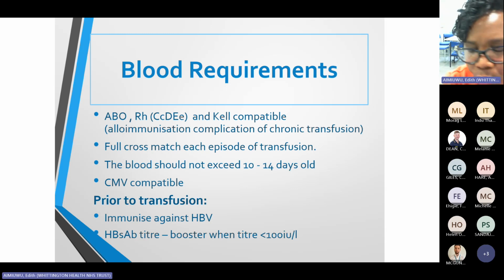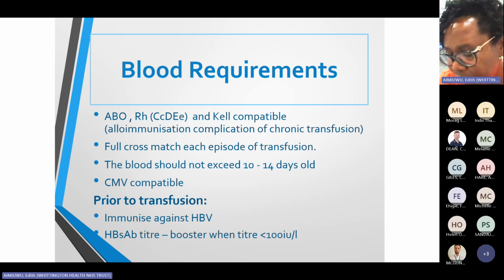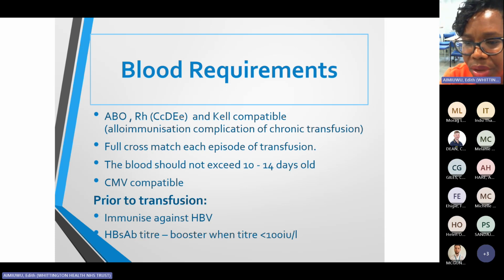Prior to transfusion, we have to make sure they are hepatitis B immune. We do serology. Nowadays, hepatitis B immunization is part of the newborn screening. Otherwise, you need to check to make sure they are immune. And if they are not immune, you want to give them a booster of hepatitis B injection to ensure that their antibodies are greater than 100.